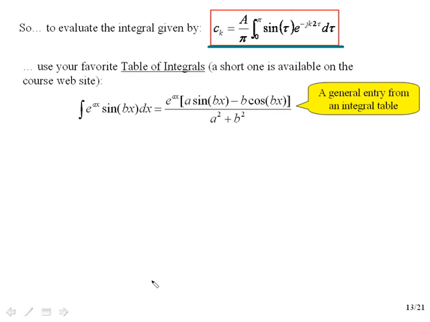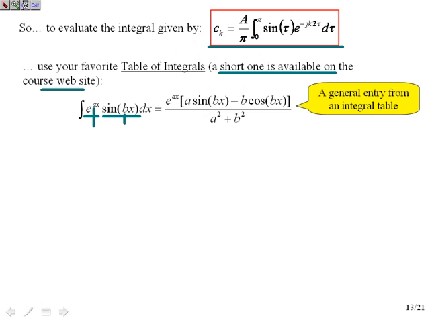You can now go to your favorite table of integrals, and it's likely that you'll find that there. In fact, there's one available on the course website, and I'm pretty sure this form is on there, maybe not exactly with these symbols. So this is a general entry from an integral table. It says you have some sine with some frequency times some exponential with some decay rate.